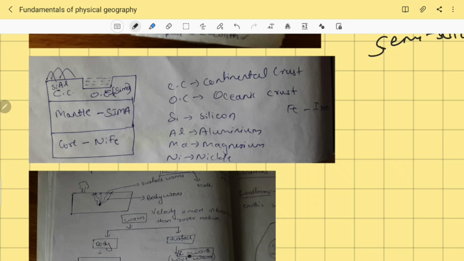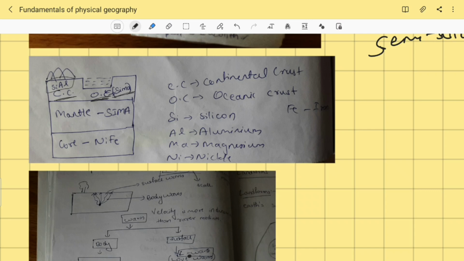What is continental crust made of? Continental crust is made up of silicon and aluminum, and oceanic crust is made up of silicon and magnesium. I remember it this way, it's not true, it's just a saying, like girls cry a lot compared to boys.